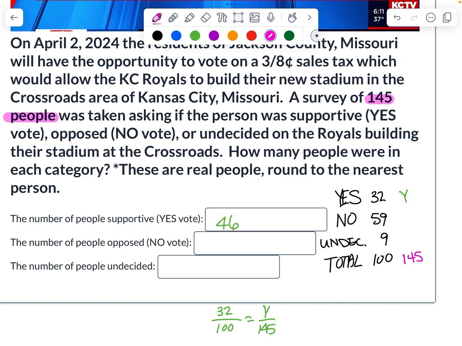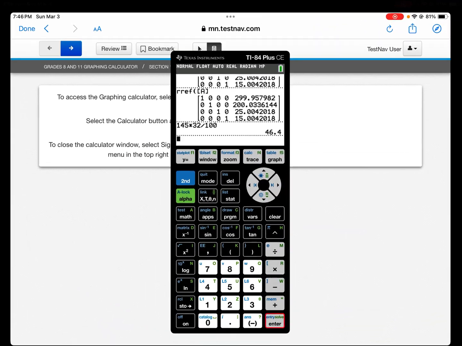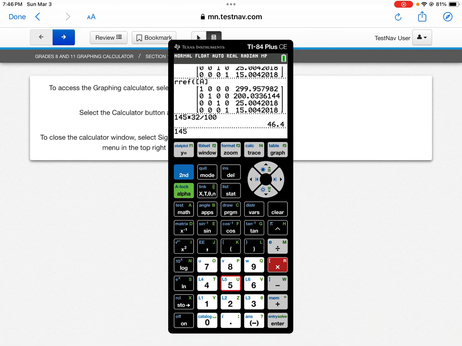If we want to do the no votes, don't use red, pink rather. That would be 59 100ths equal the no votes over 145. So 145 times 59 divided by 100 to make it a percent.